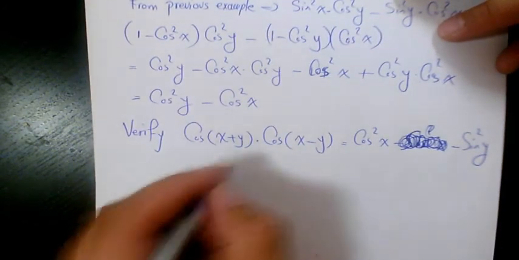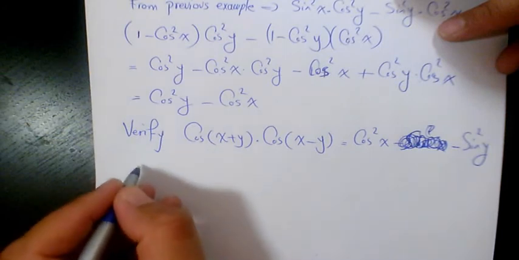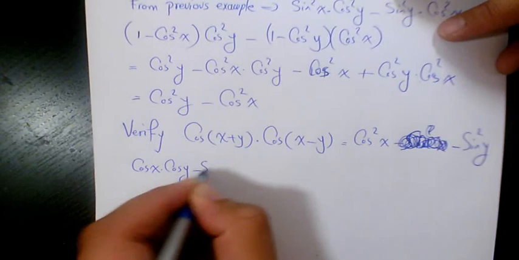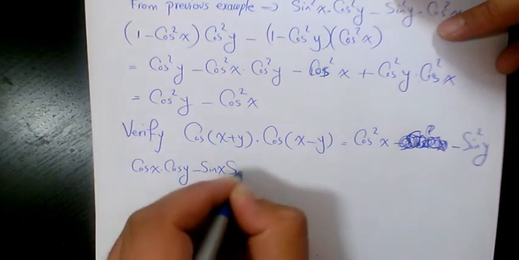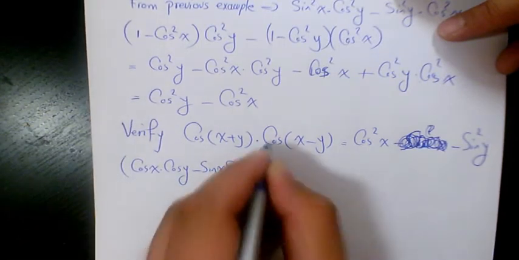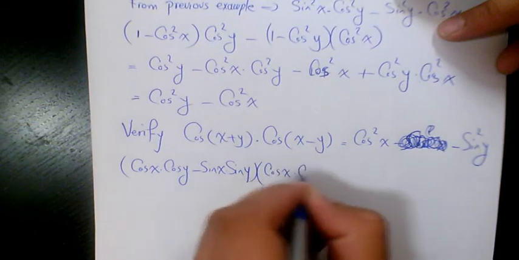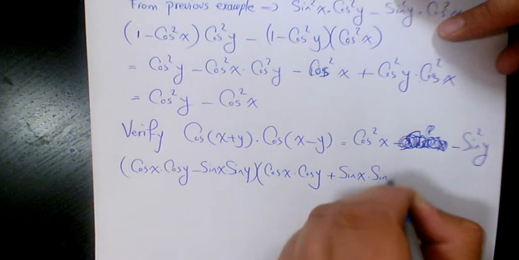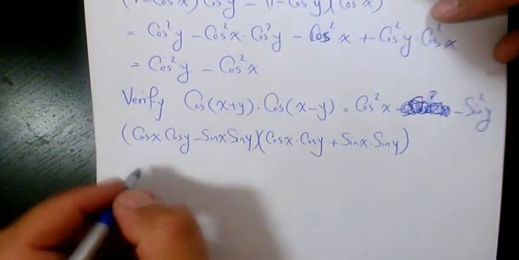So we expand it. Cosine x cosine y minus sine x sine y, cosine x cosine y plus sine x sine y. So we multiply there.